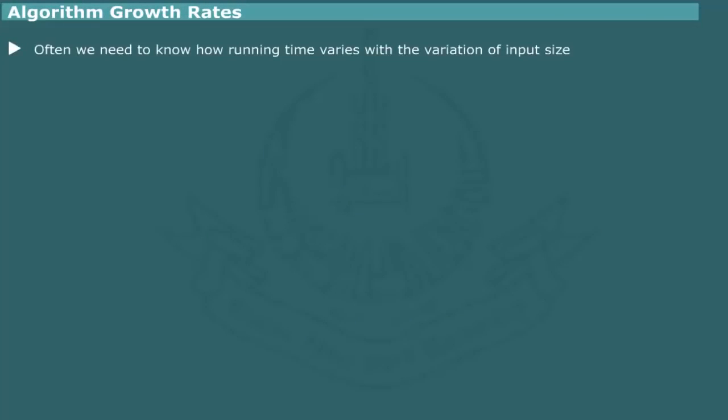In many cases, we would like to know how the runtime of an algorithm varies with the variation in input size. For example, we might need to know how the sorting time would grow with the increase from 1,000 to 1,000,000 items. The behavior of an algorithm, say, for very large input size is often called asymptotic analysis.